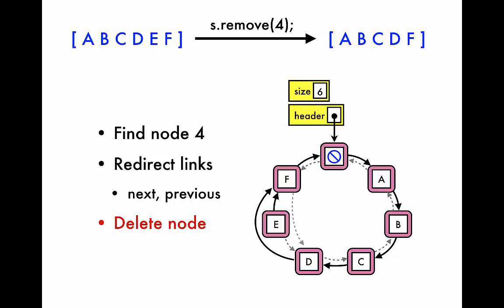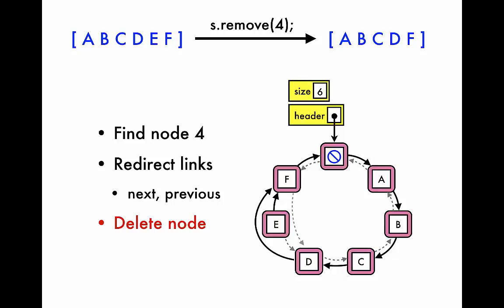As specified, the remove implementation will not only remove the element from the list, but it'll also return it. So if we're going to be true to the specification, we have to return the contents of the node we're deleting. But that's actually pretty easy. If we have a temp variable pointing to E's node, we just return temp.element.